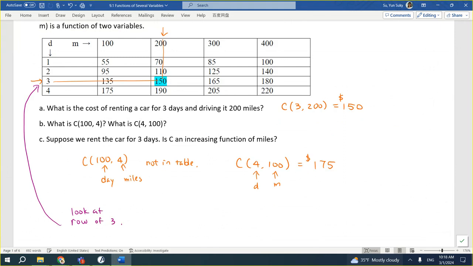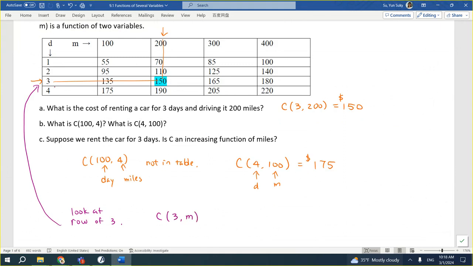For 3 days, look at the numbers: 135, 150, 165, 180. Do you see the cost is increasing when your miles increase? Then we can say D is fixed, which is 3, but M varies.